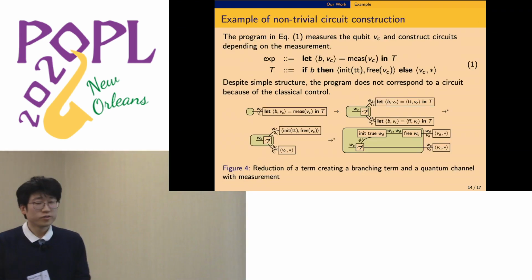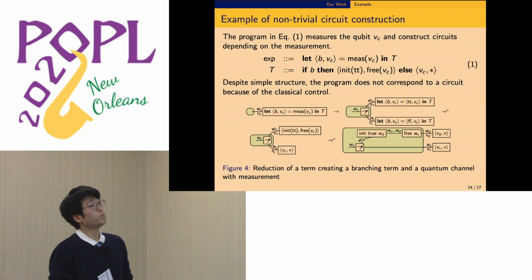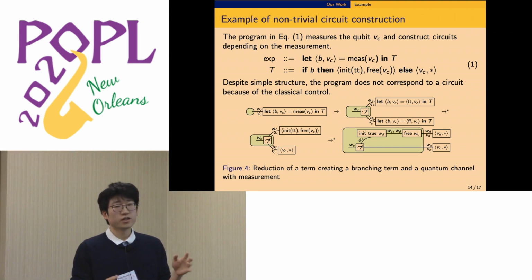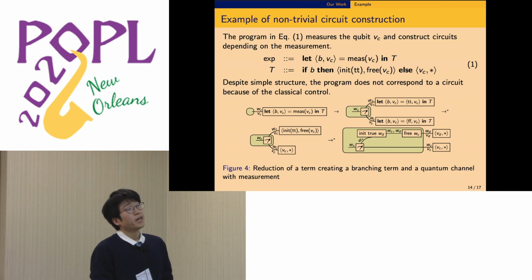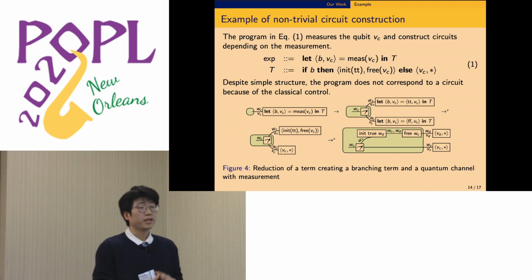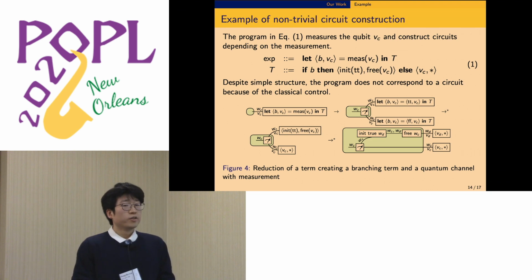And we can go on to a little bit more complicated example. EXP here shows a program where we measure a variable called VC, which is a qubit. Depending on its value, either we initialize a new qubit and delete the old one, or we just return the same qubit VC.